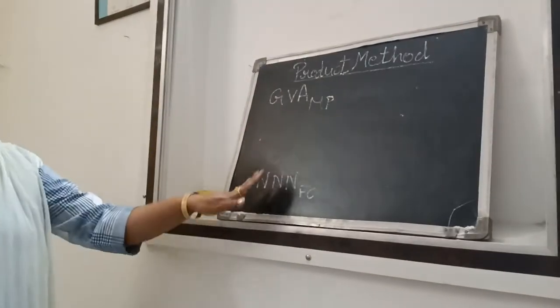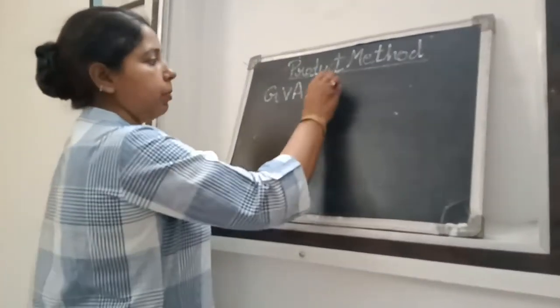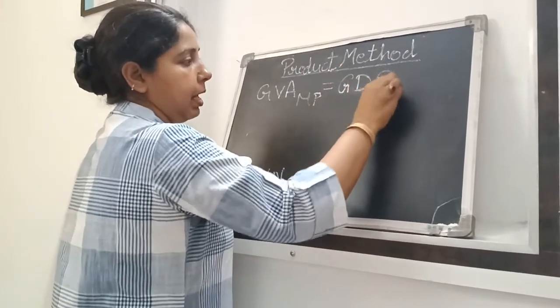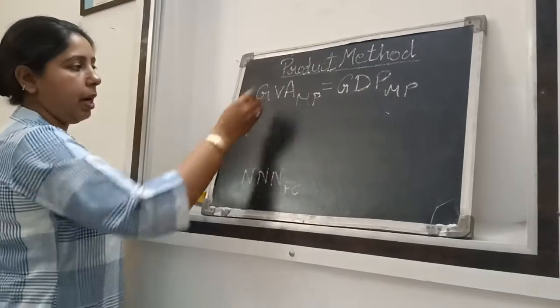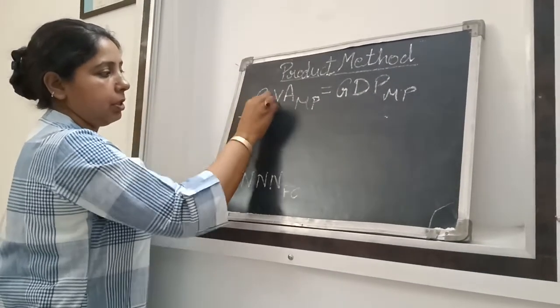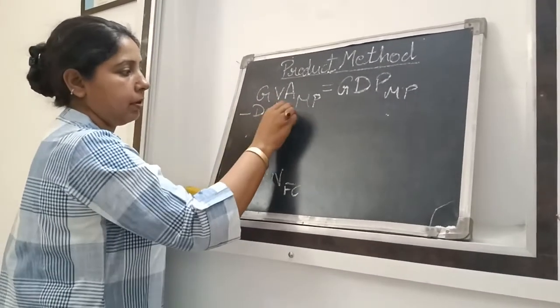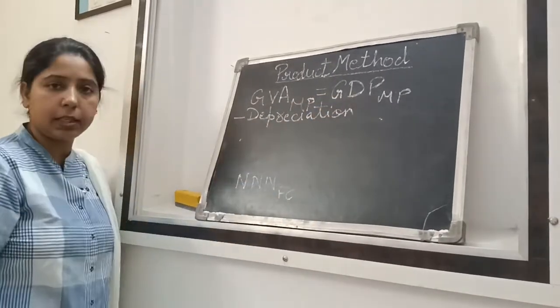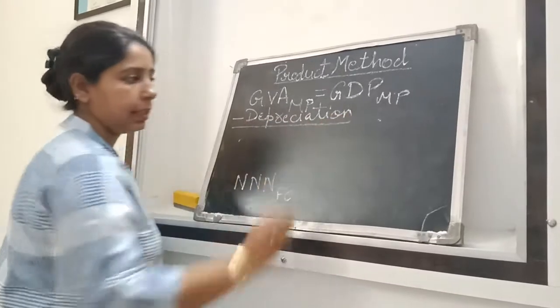So this is also equal to GDP at MP. Now I deduct depreciation from it. What will I get here?